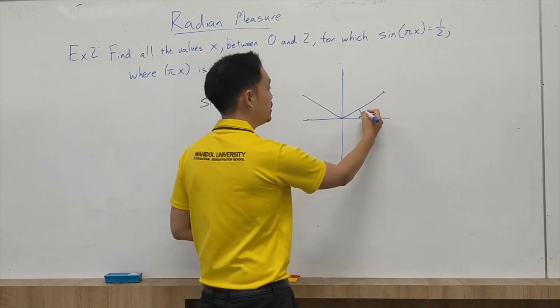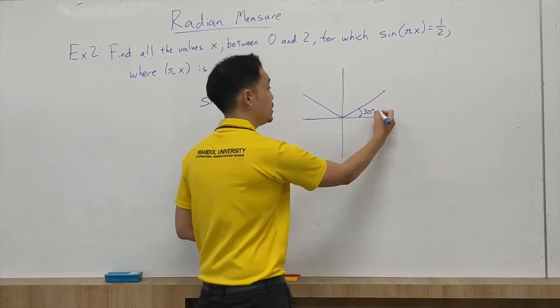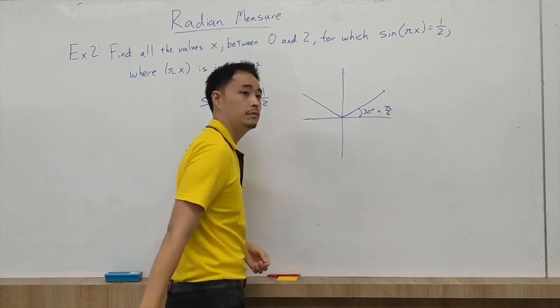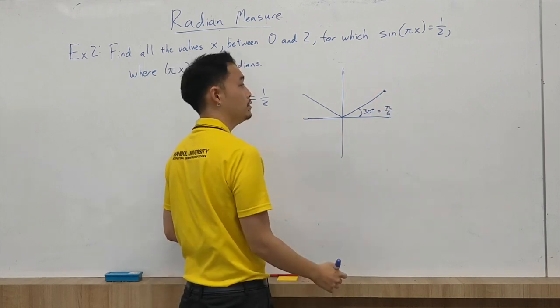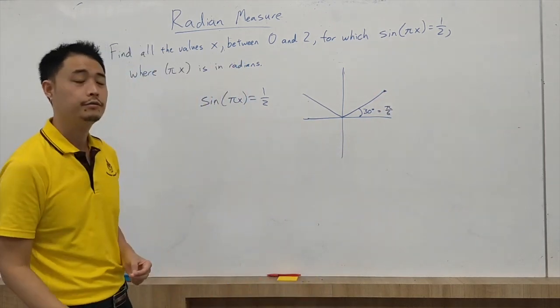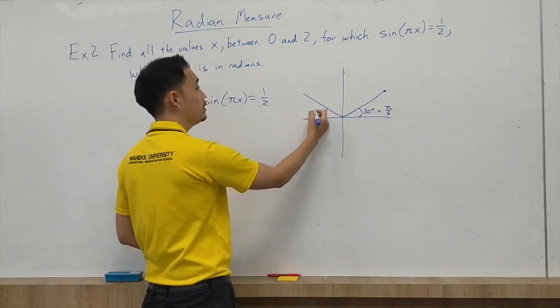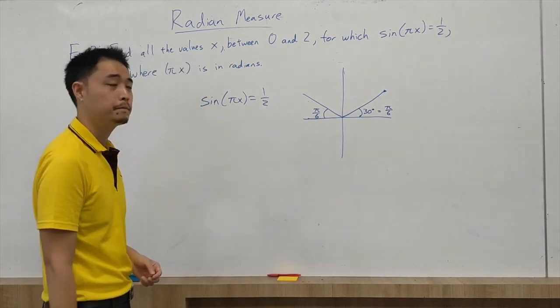Well, normally it would be 30 degrees, but in terms of radians, 30 degrees is pi over 6 radians, right? So this is pi over 6 radians, and this is going to give me a sine value of 1/2. That means the alpha angle here is also going to be pi over 6, right?